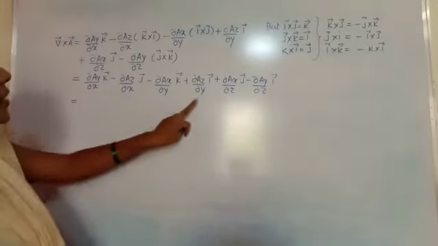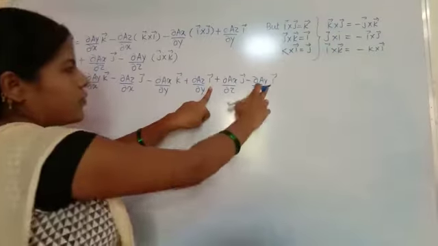After that we take the terms common according to vectors i, j, k. First is the i term, and we take it common.